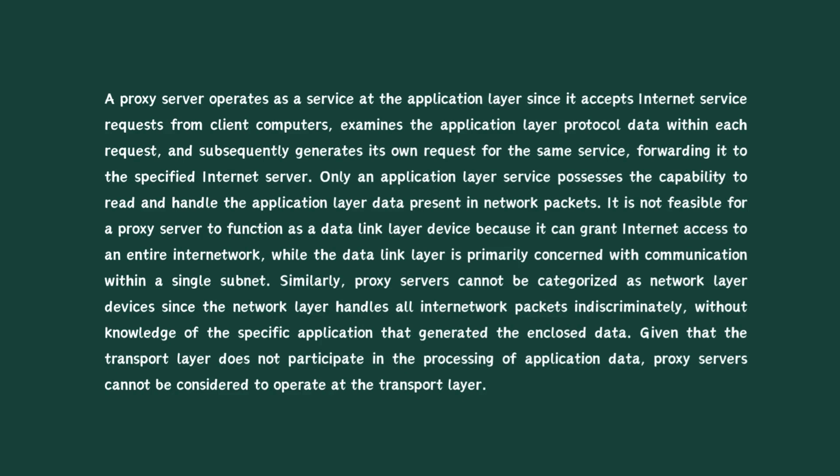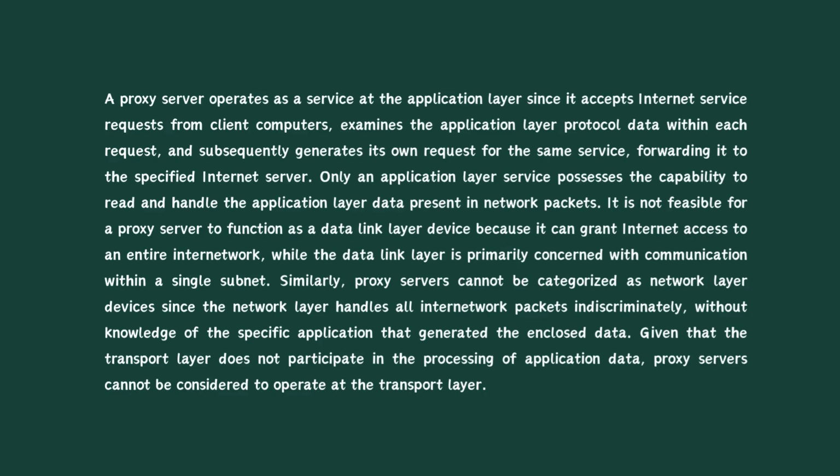Only an application layer service possesses the capability to read and handle the application layer data present in network packets. It is not feasible for a proxy server to function as a data link layer device because it can grant Internet access to an entire Internet network, while the data link layer is primarily concerned with communication within a single subnet.